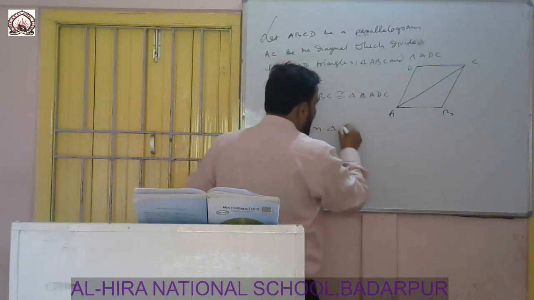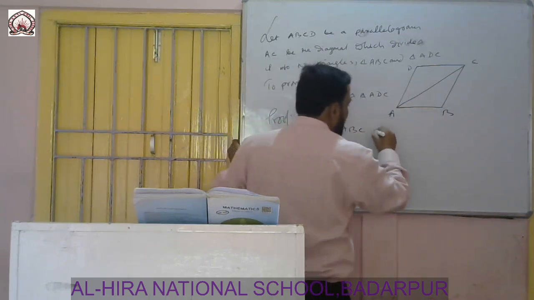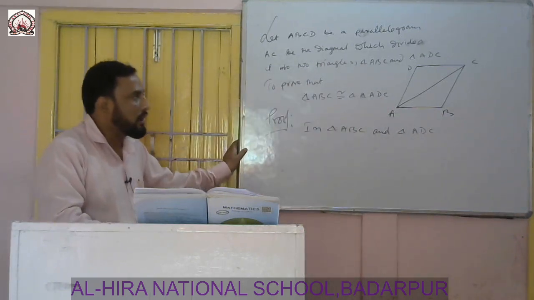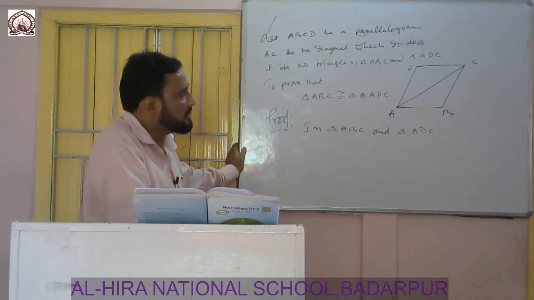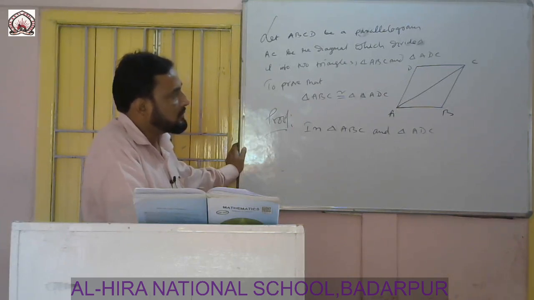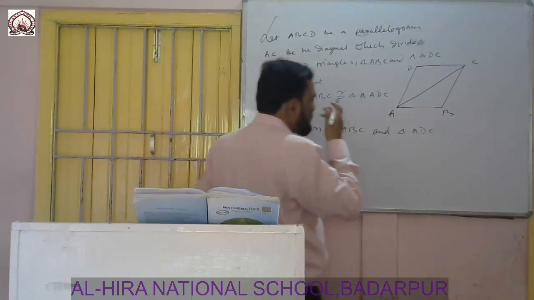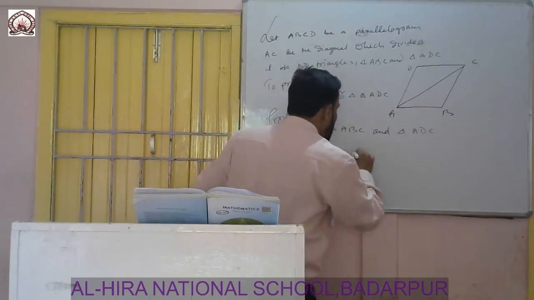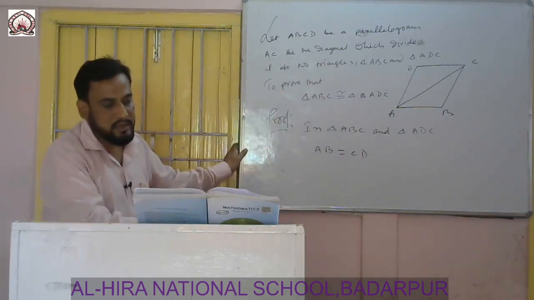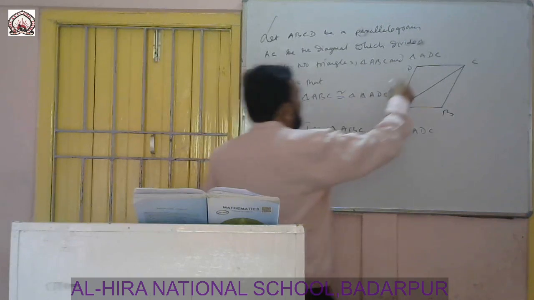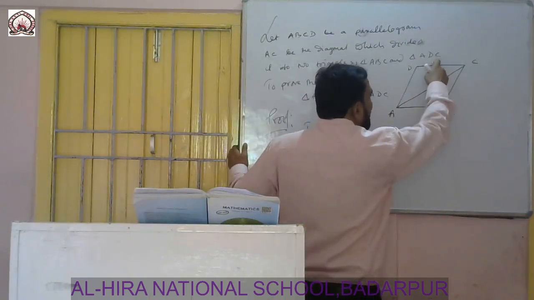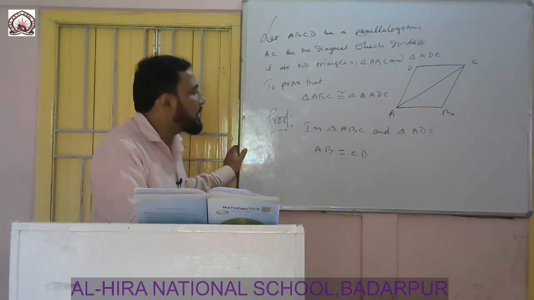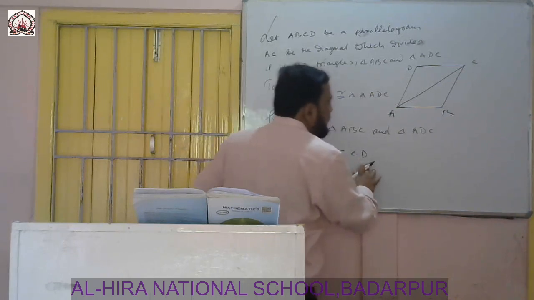In triangle ABC, comparing these 2 triangles and triangle ADC, let us compare what we are getting. AB is equal to CD. How? Because the theorem says, and we have declared also, that ABCD is a parallelogram, and in a parallelogram opposite sides are equal. So AB is equal to CD.